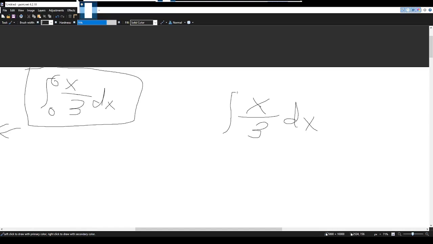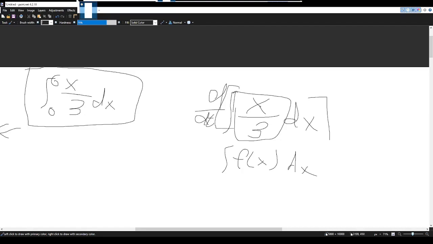Let's do indefinite integral for now, because that is more what this is talking about. Let's call this function f of x, and we take the integral of that function. And then let's say we take the derivative of that.